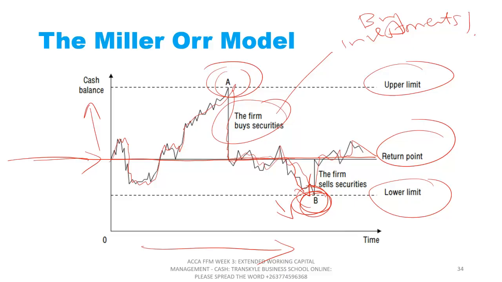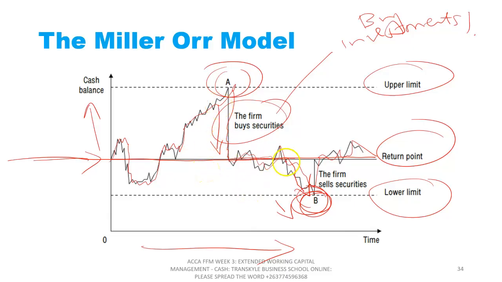So when we get more money, like when it reaches point A, we then have to buy investments to reduce the amount of money we are holding, but at the same time investing it in other income accruing investments. But that will mean that in the short term our cash flows will decline to the normal return point.